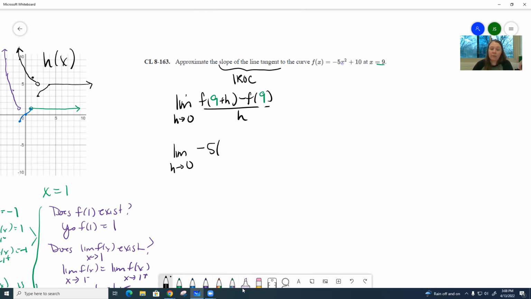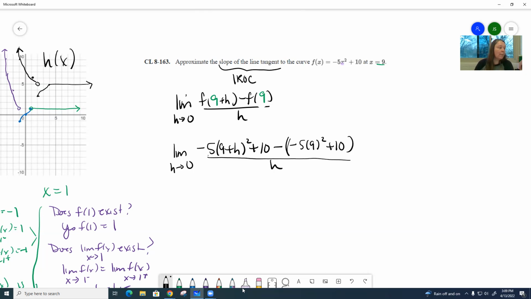So I have -5 times 9 plus h squared plus 10. This right here, that's my f of 9 plus h, minus f of 9, which means put 9 in for x. So -5 times 9 squared plus 10. Notice I have this in parentheses because I need to subtract everything all over h.